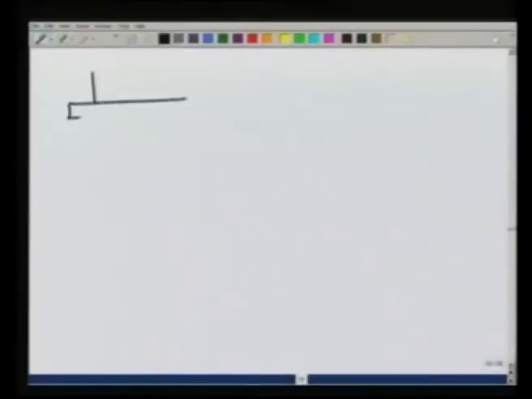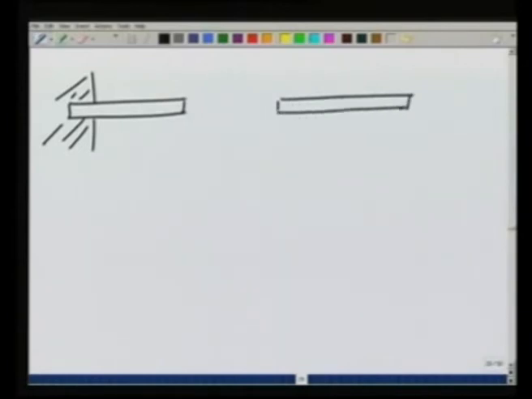Let us go to the next page and see. So, what we did, we are looking at this built-in support, and when I apply a force in this direction, let us say W, at this point there is a normal reaction N1, and at this point there is a normal reaction going in this direction N2. Let us say this distance is B and this distance is A. Then since there is no force in x direction, I need not worry about it.